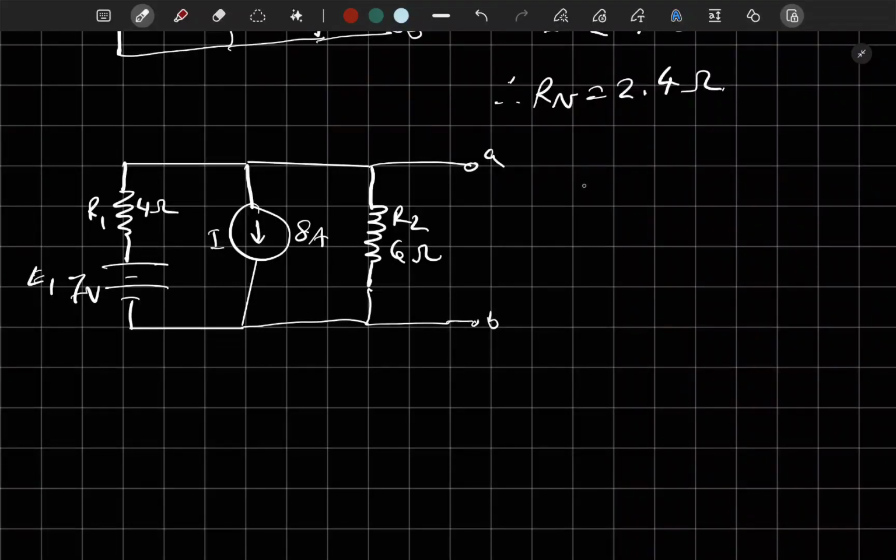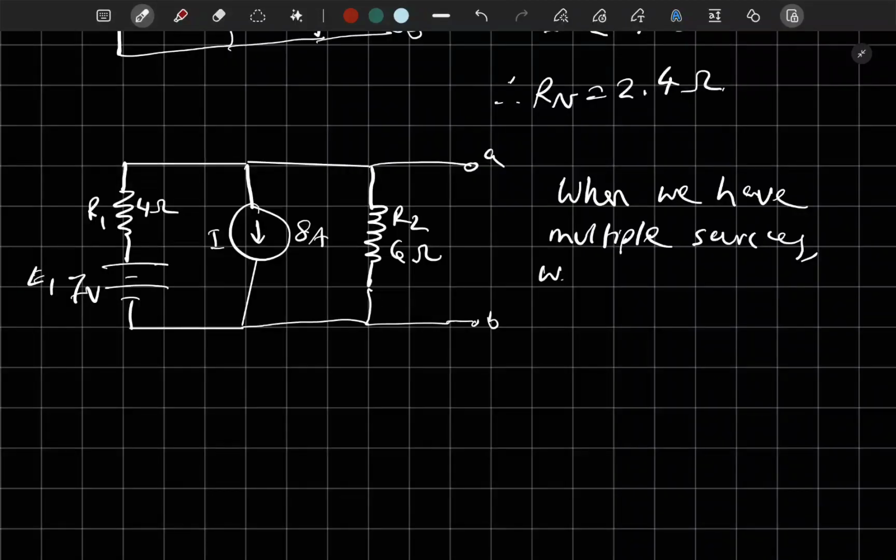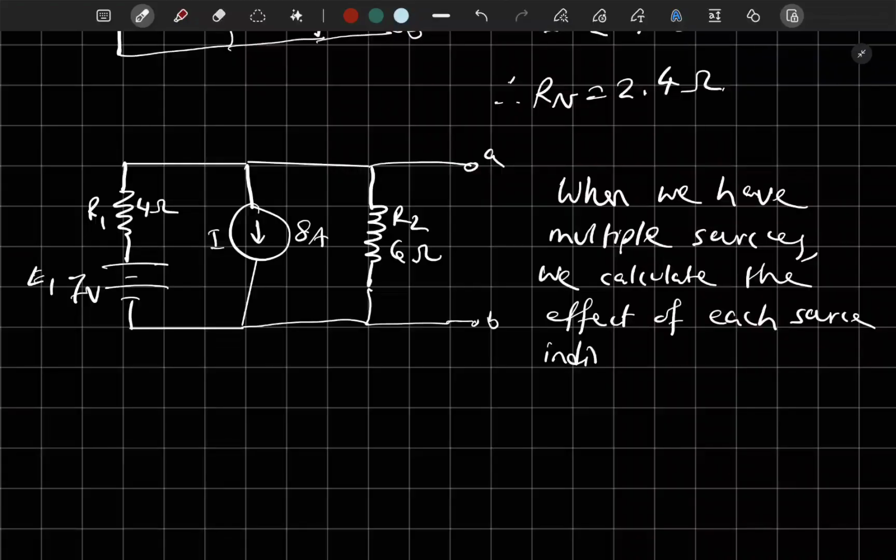Superposition theorem is when we have multiple sources, we calculate the effect of each source individually.